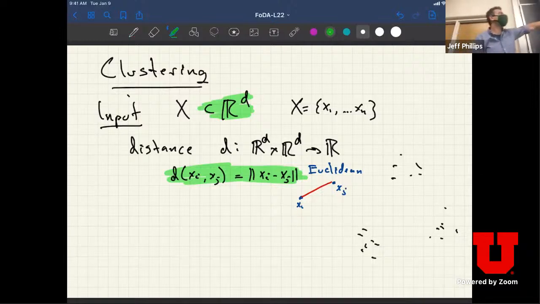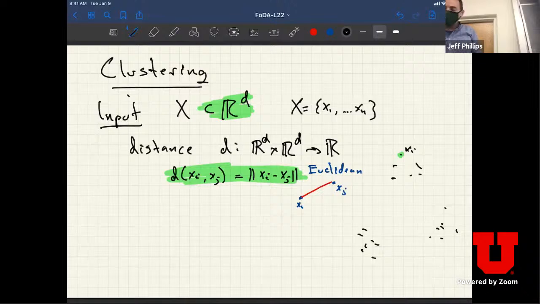But we're going to think I've somehow converted people into data points, which is common, and then I'm using the Euclidean distance. And so this is an example of one of these data points. For instance, xi could be one of the data points.